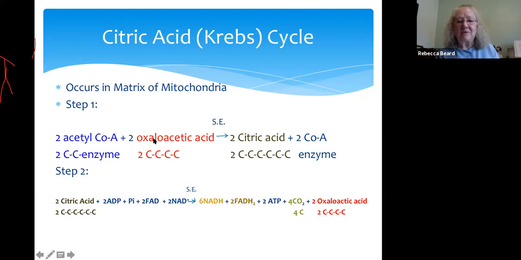Okay, so here's our oxaloacetic acid. Here it is down here. We're going to cycle it back up here. That's why it's called the citric acid cycle or the Krebs cycle, because it's used here, remade, and brought back to be used here. All right. So now with that, what have we got left? All of the carbons are gone.